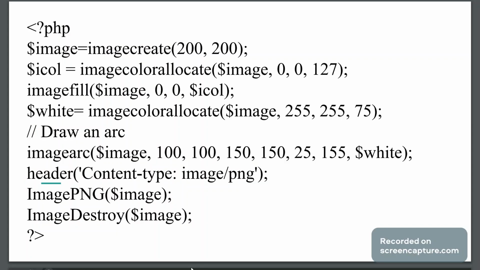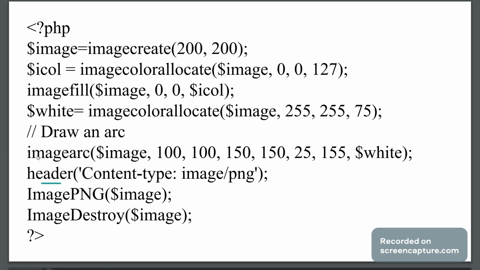Let's see the code for it. We can create our image with the image create function having 200 width and 200 height. We are creating a color for our image by the image color allocate function with blue contribution as 127. We are filling our image with this color starting from x0 and y0. We are creating a new color for our arc, that is white color, with the red, green, and blue contribution.